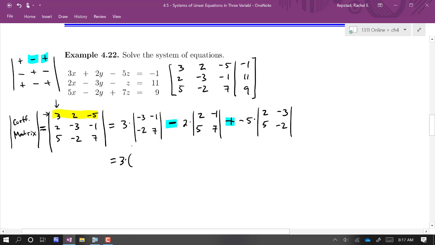I've got 3 times the determinant of this 2 by 2: -3 times 7 is -21, minus a +2, minus 2 times 14, minus a -5, that'll be a +5, minus 5 times -4, minus a -15, so that's +15.